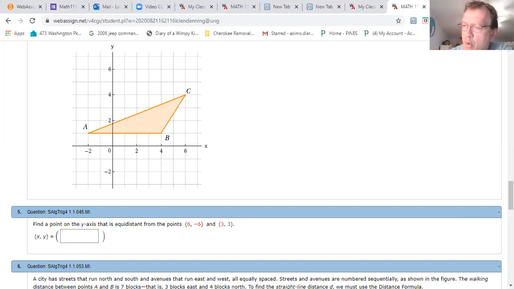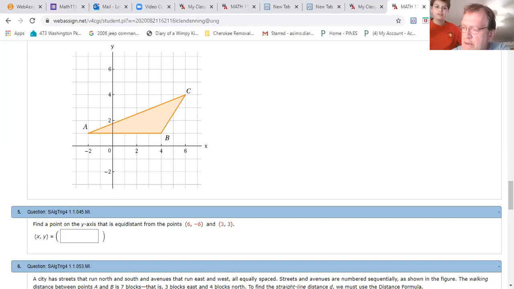So we want a point on the y-axis. It's WebAssign, section 1-1, problem 5. Okay, I'm not going to write it out, but basically we got 6 and -6.